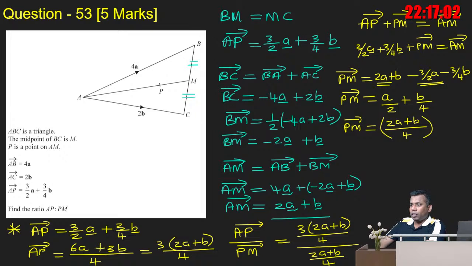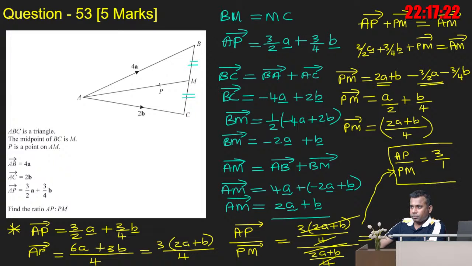So 2a plus b cancel, 4 and 4 cancel, and the answer is AP to PM is 3:1. So that is the correct answer for the question number 53.